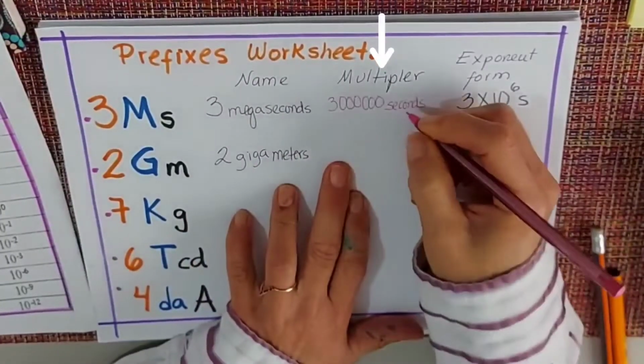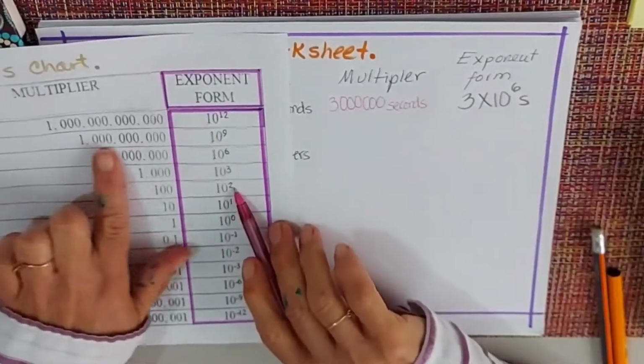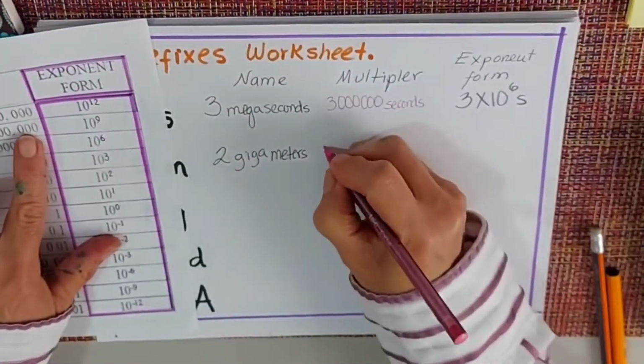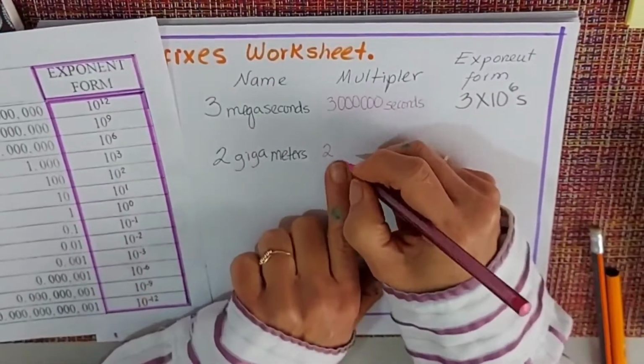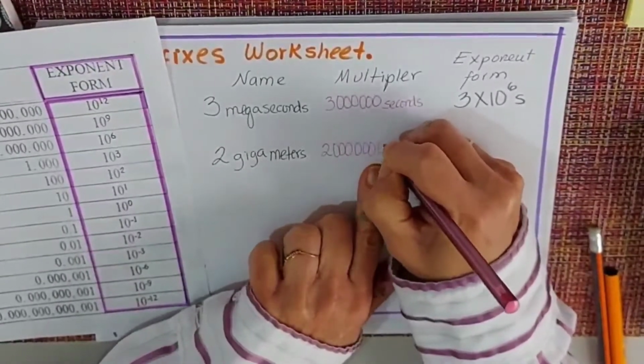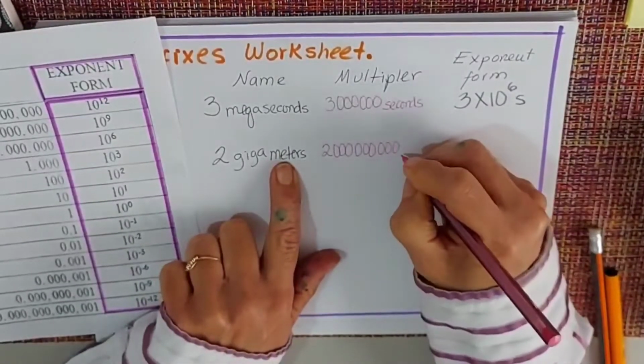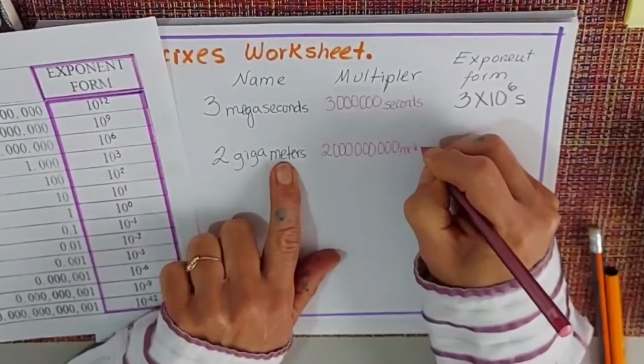And here, we are going to write the multiplier, and 2 giga is here with 9 zeros. 2 is for this value. Now we are going to write the number of zeros that correspond to this value, and then we are going to write the unit, meters.